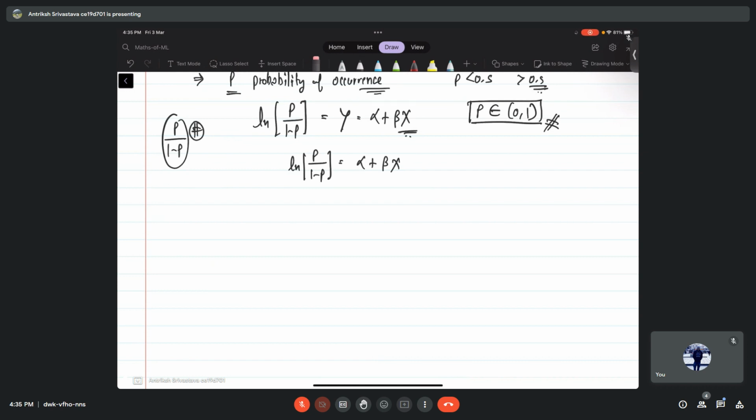So let's do some arithmetic or algebra to get this confidence. To remove this natural log, we just take exponential of the right hand side and the left hand side. So we get p upon 1 minus p equals exponential of alpha plus beta x, and then just send this to the right side.